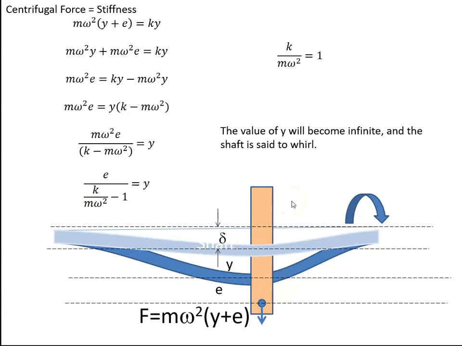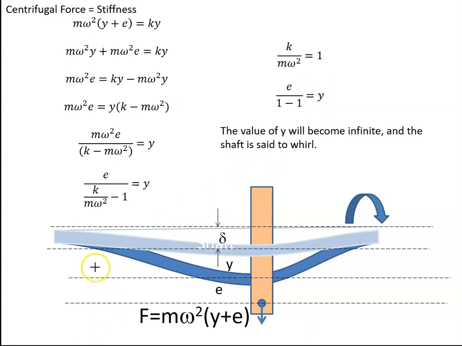Okay, so what's to be observed here is what happens when that value is equal to 1. When that becomes equal to 1, this entire expression becomes e over 1 minus 1. Now 1 minus 1 is 0, and anything divided by 0 is infinite. So we're saying y becomes infinite, and that is when the shaft is said to whirl.